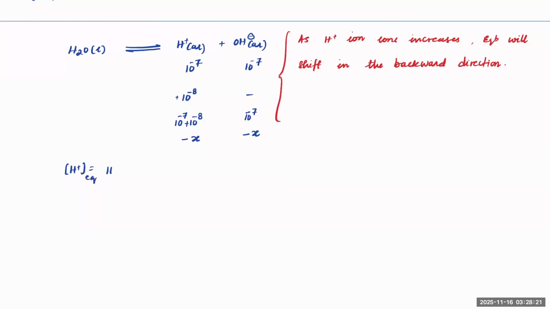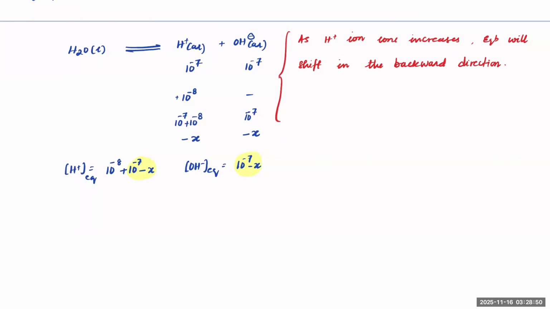At equilibrium, you will get, let me write it this way, 10 raised to power of minus 8 plus 10 raised to power of minus 7 minus X. And what will be the OH minus concentration at equilibrium? It will be 10 raised to power of minus 7 minus X. Have you noticed this? 10 raised to power of minus 7 minus X is a common term in both of them?